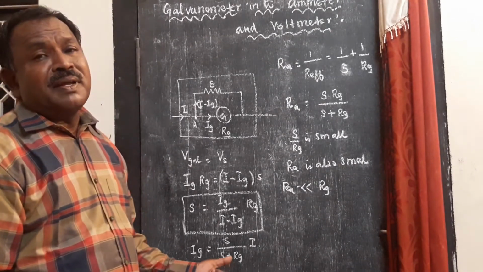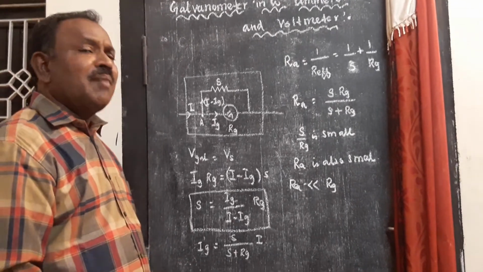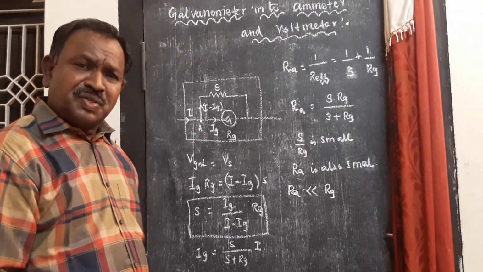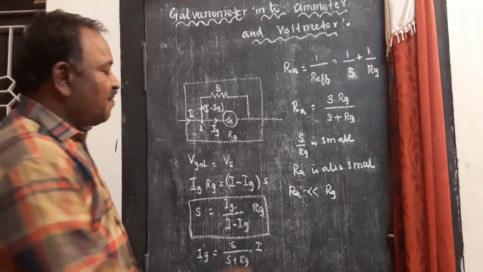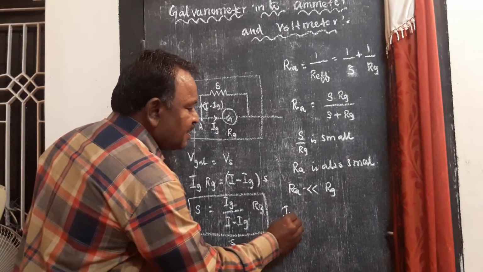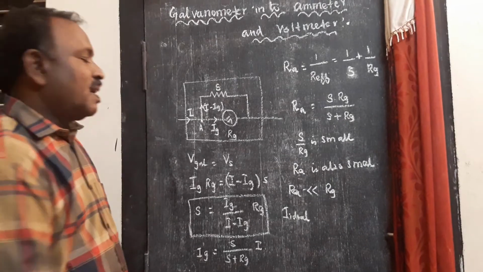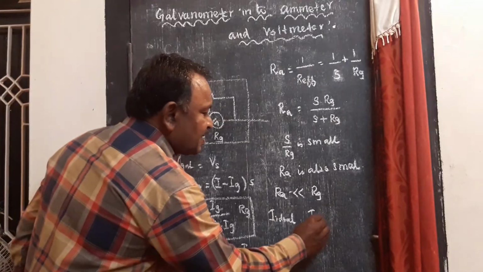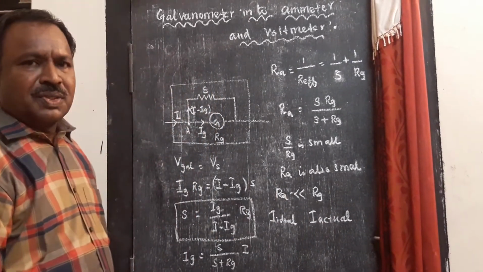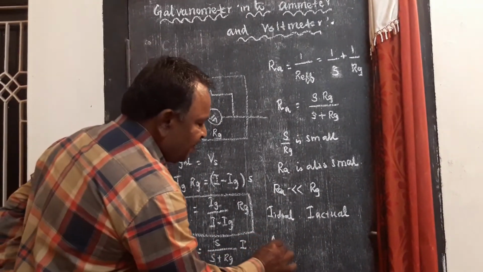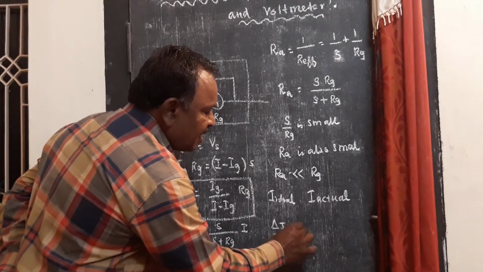An ideal ammeter has zero resistance. So a real ammeter will not measure the actual current that is flowing through the circuit. If I ideal is the current measured by the ideal ammeter and I actual is the actual current flowing through the circuit, then the percentage of error is given by delta I by I into 100.